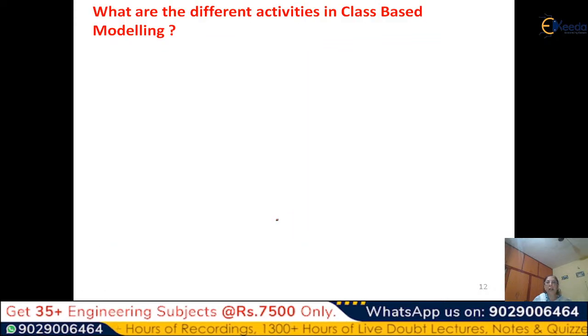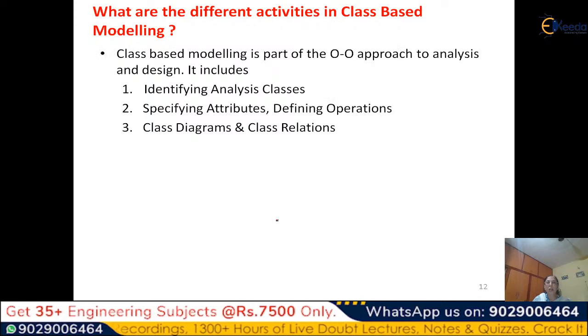So what are the different activities in class-based modeling? Now we'll go to the class-based modeling. We have to first identify the analysis classes. This is the first and foremost activity. Then we have to specify its attributes. We have to define its operations. You know this because when you define your class in your program, you have to give a name.